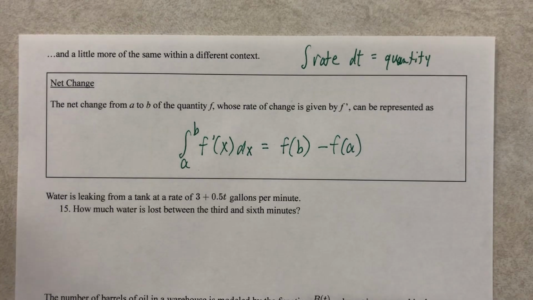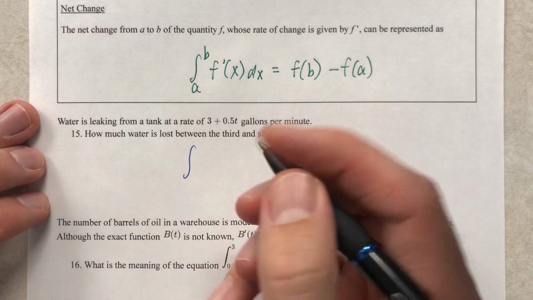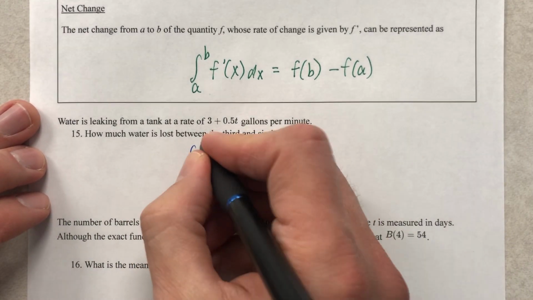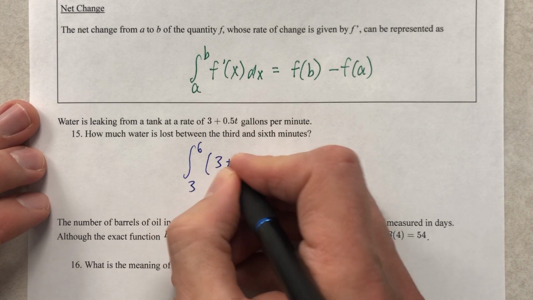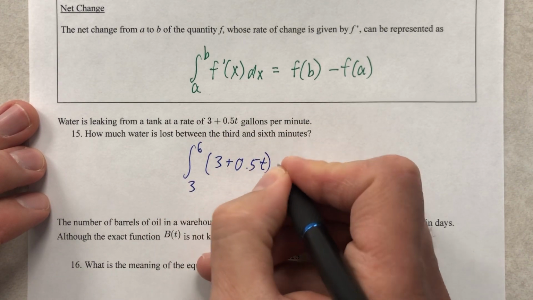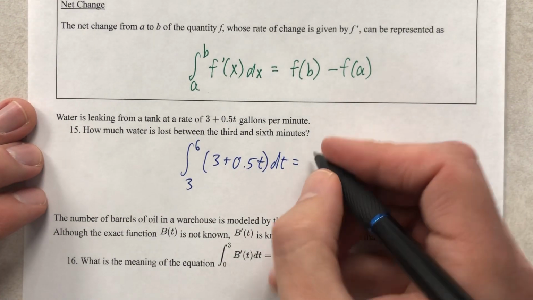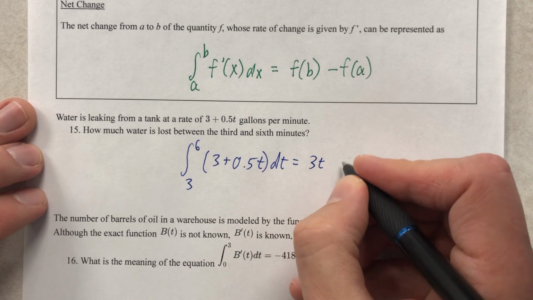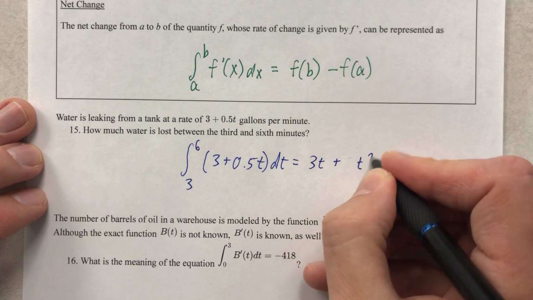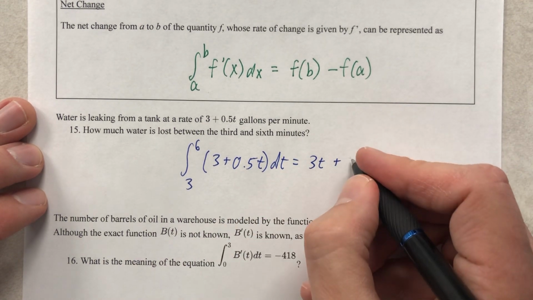So let's do it. How much water was lost? I'm not telling. From 3 to 6 of my rate, which is this. And then I'll take the antiderivative. Let's go old school for just a minute. So 3t, and then plus t squared, that's 1/2 divided by 2, which is 1/4.